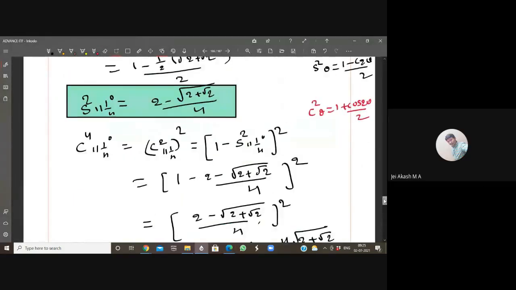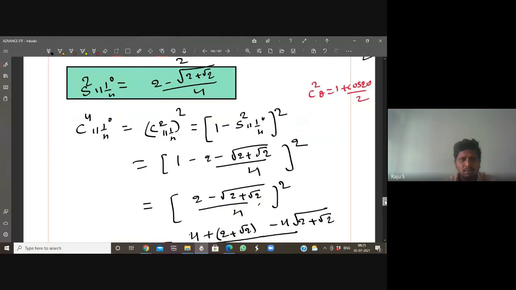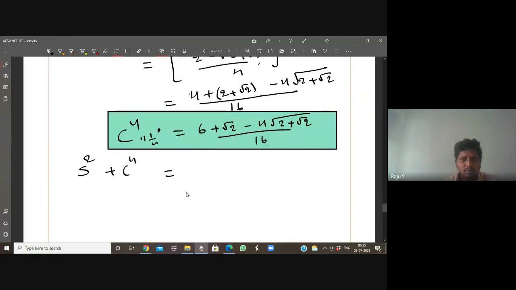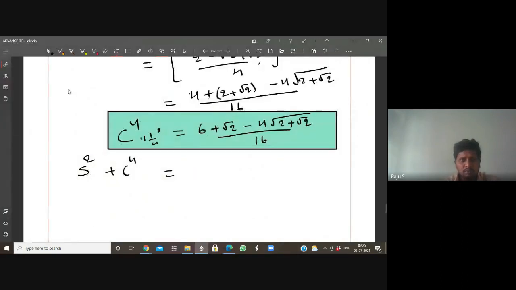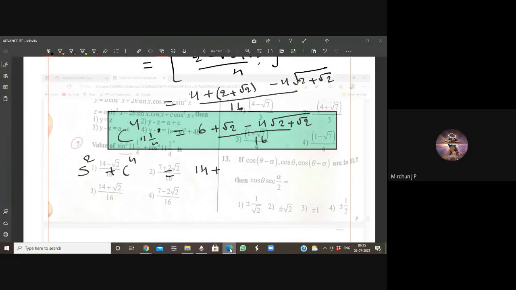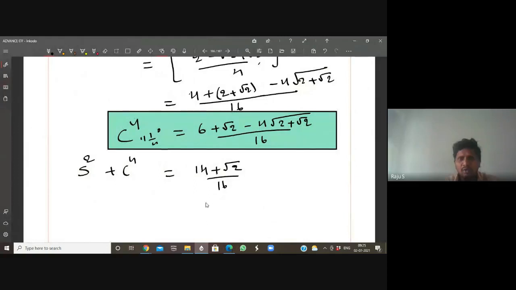Third option, sir. 14 plus. Is that right, students? Yes, sir. Minus 4 root 2 plus 2 and plus 4 root 2 will get cancelled, sir. So 14 plus root 2 by 16 is correct.